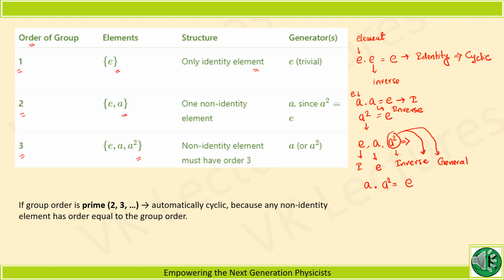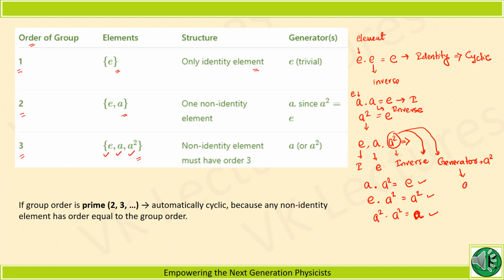That means with a square you can generate other elements in the group. So a into a square gives e, e into a square gives a square, a square into a square gives a. So you get e, a square and a, using the generator a square. So a square is generator as well as inverse.